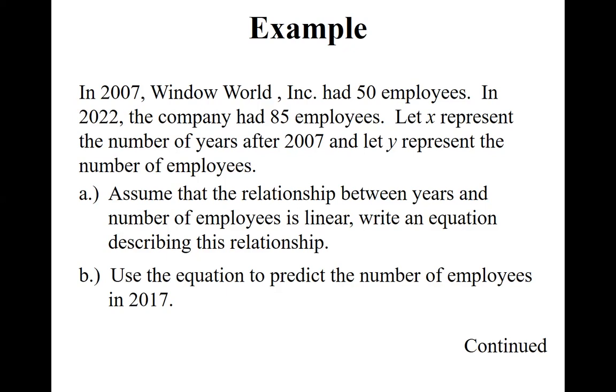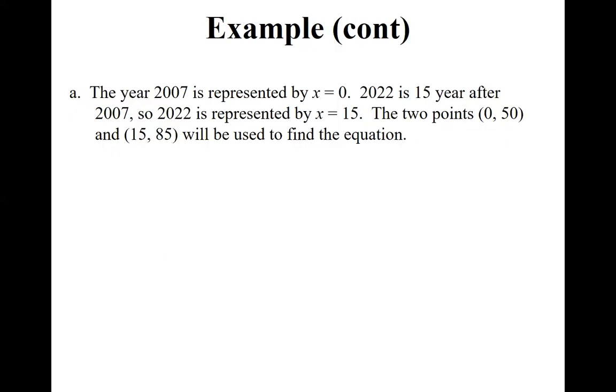Now that we have 2 points, we can find the equation, because 2 points can be used to find a slope. Y2 is 85, Y1 is 50, X2 is 15, X1 is 0. Subtract 85 minus 50, subtract 15 minus 0.